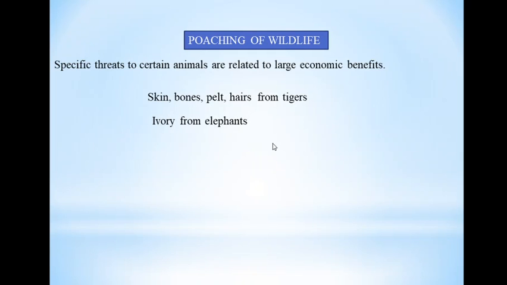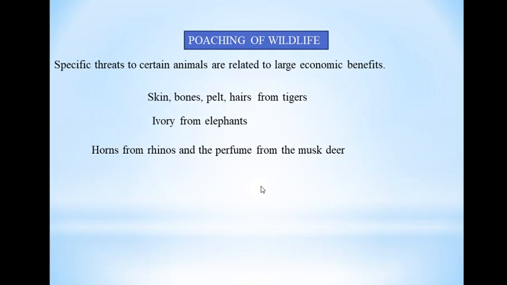Ivory from elephants: African elephants and Asiatic elephants are both killed only for the purpose of ivory, and that ivory is exported for making ornaments, and we are losing these huge animals. The horns from rhinos and the perfume from the musk deer are other examples.